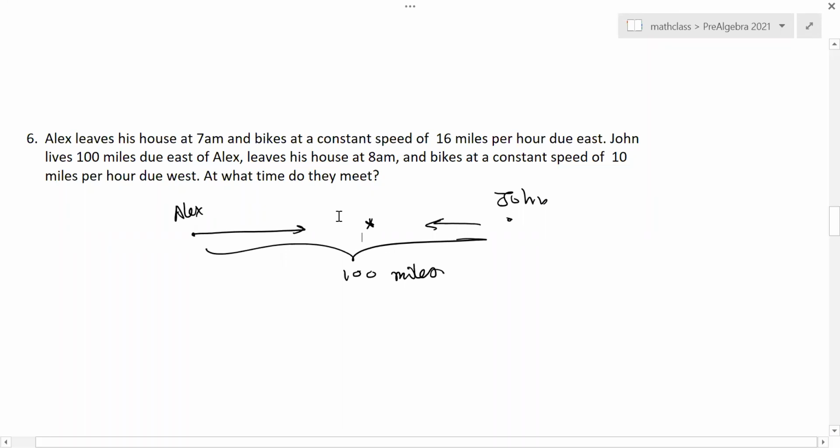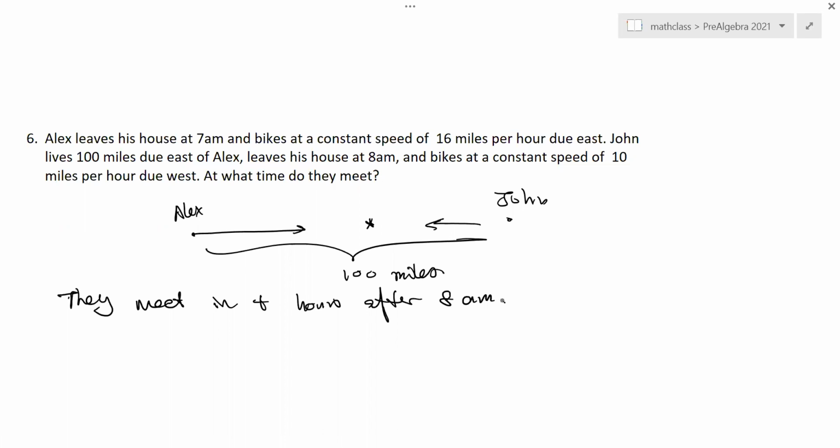You have to name the variable: they meet t hours after 8 a.m. So you have to name the variable, then set up an equation in t so you can solve the problem. You're going to get a linear equation.